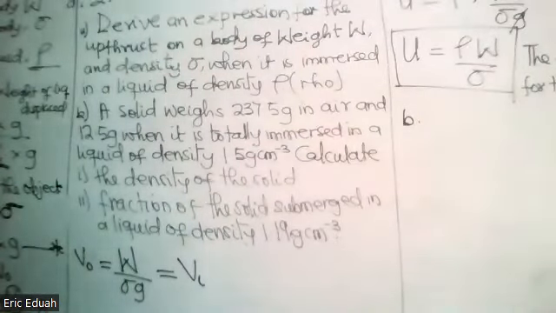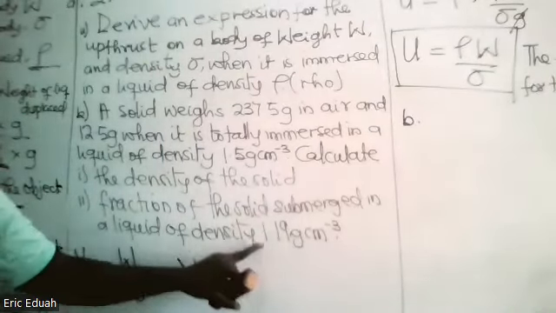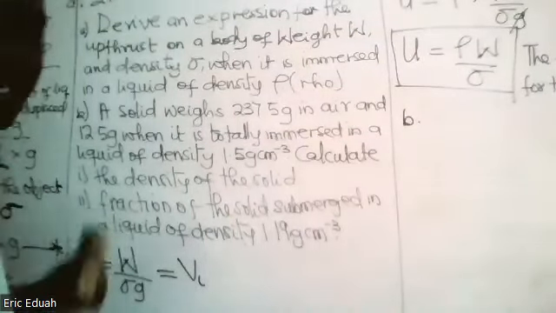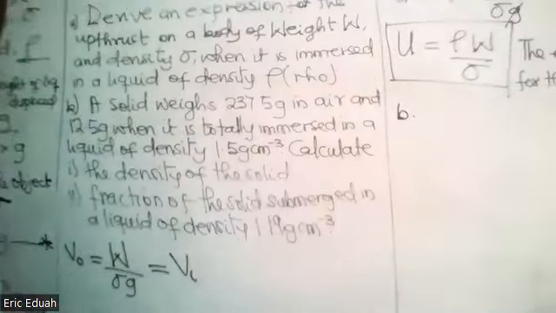Calculate (i) the density of the solid, then (ii) the fraction of the solid submerged in a liquid of density 1.19. Okay, so let's extract the information from the question.